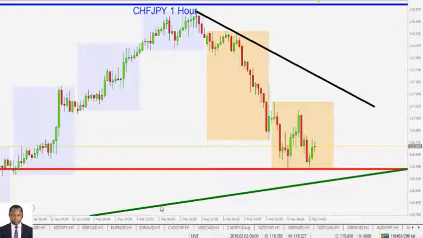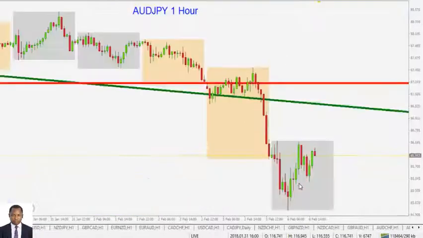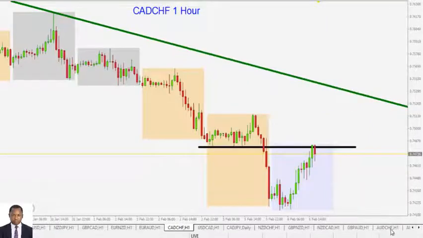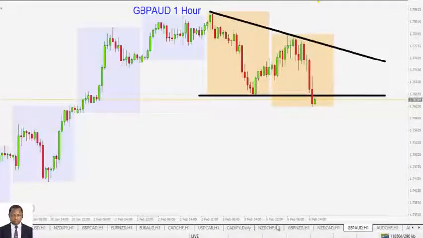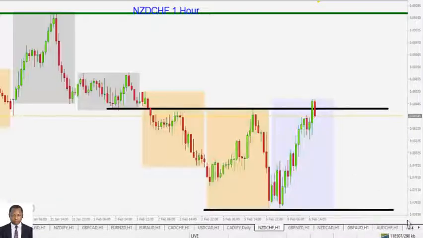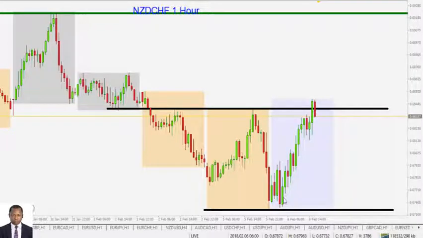So we are looking at where is that? Let me see, what's that? The euro against Australian dollar.